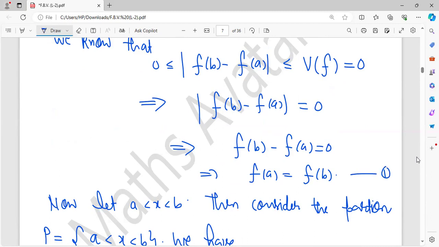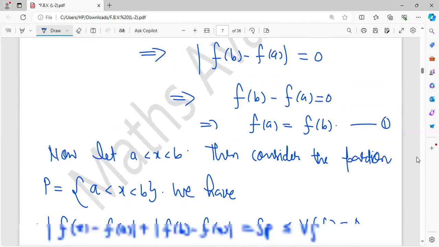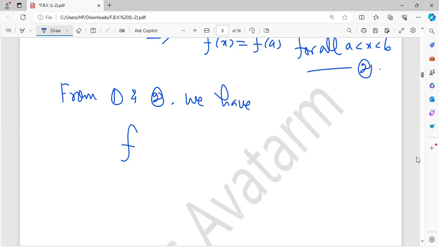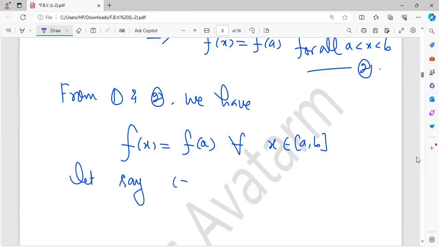So from 1 and 2, we have f(x) is equal to f(a) for all x belongs to closed interval [a, b]. Let c be equal to f(a).